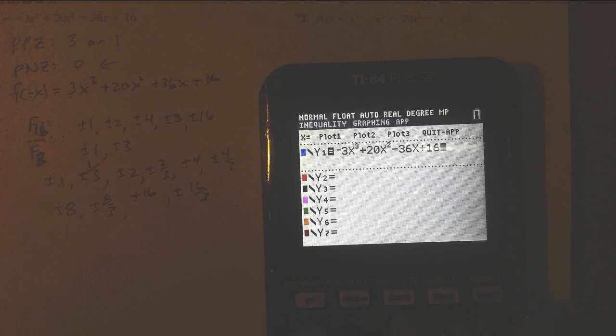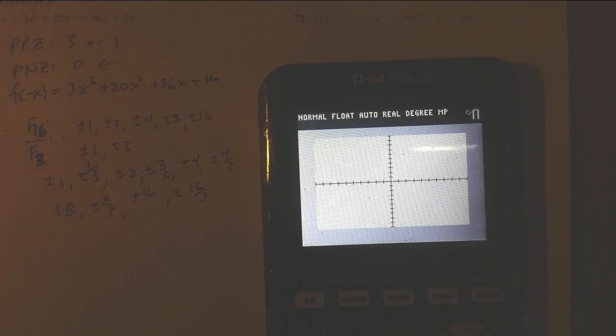I'm just going to zoom standard this, zoom 6. Now, I'm not expecting any zeros to the left, and I'm not even guaranteed necessarily of zeros to the right, but it looks like we've got some there. Would I need to zoom out in order to figure out if there's a fourth one? Nope, because there's only 3 or 1 to the right.